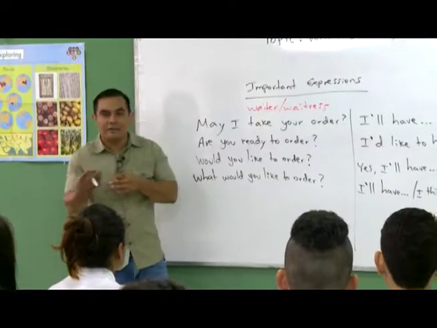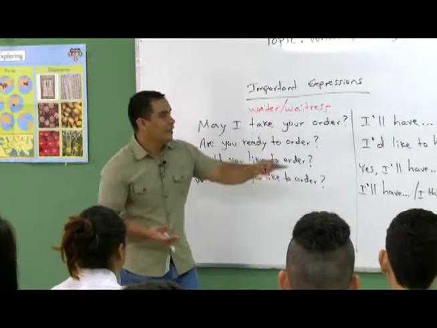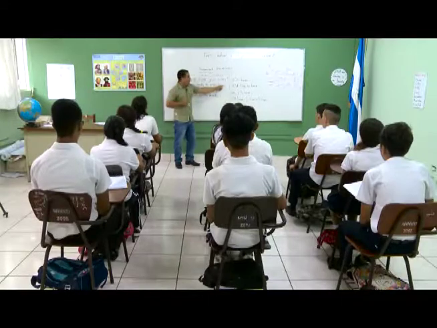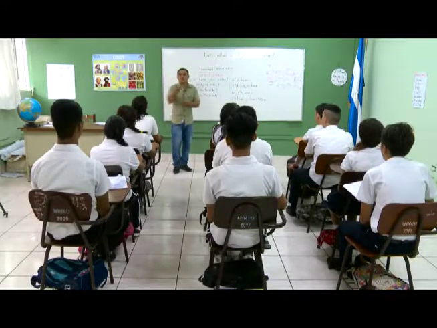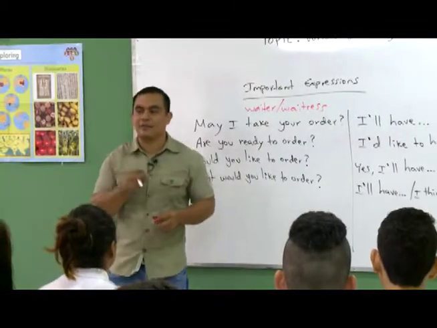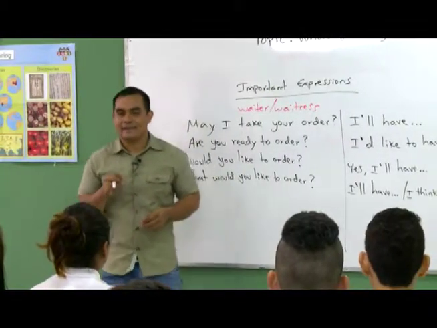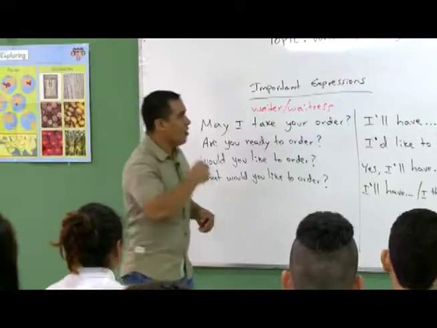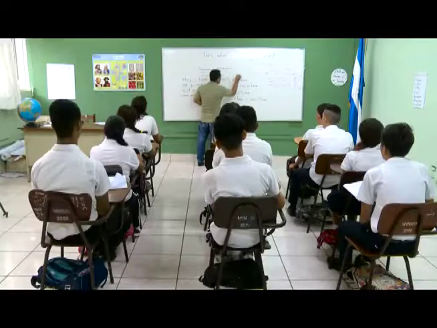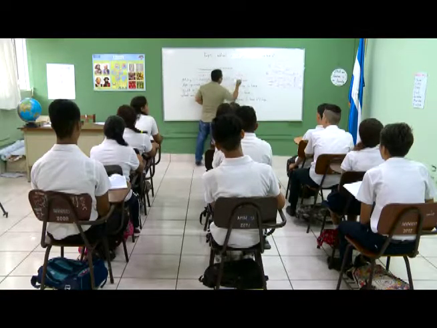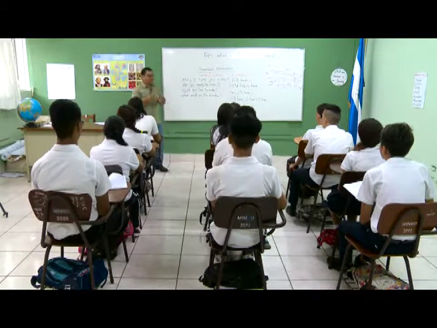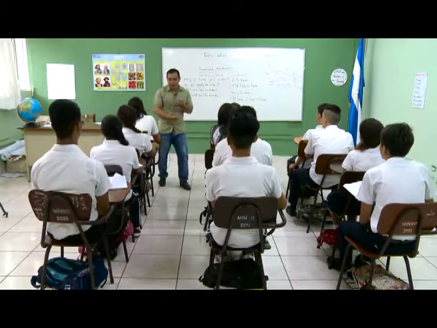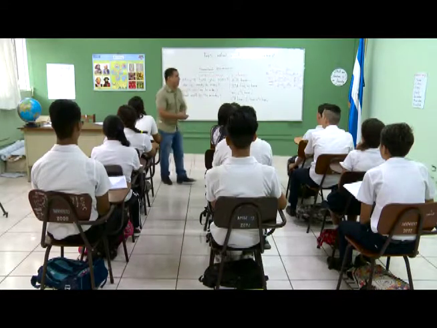On the other side, who is the person who visits a restaurant? How do you call that person? The customer or the client. The customer is a person that is buying food, consuming food in a restaurant.